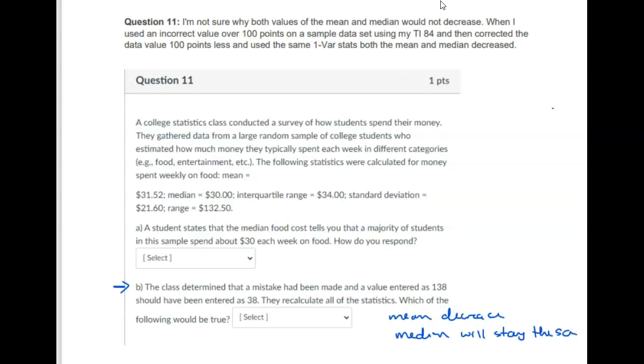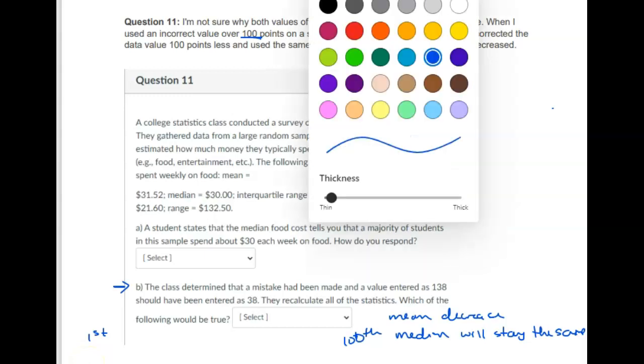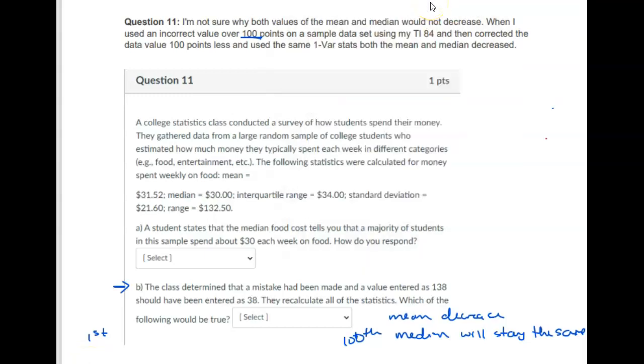Alright, so again, the median shouldn't go down, because you have however many students you're surveying. It doesn't say here, but like you said, you're using 100 points maybe. So 100 students. You have your first student and then your 100th student. So there was a score of 138, which is probably at the end of the range, right?